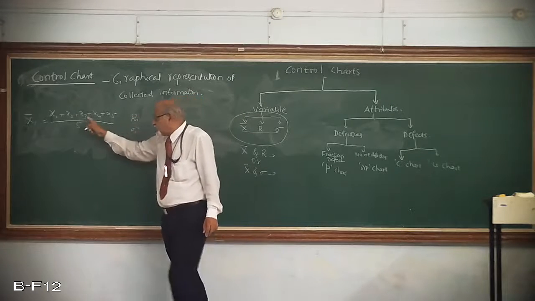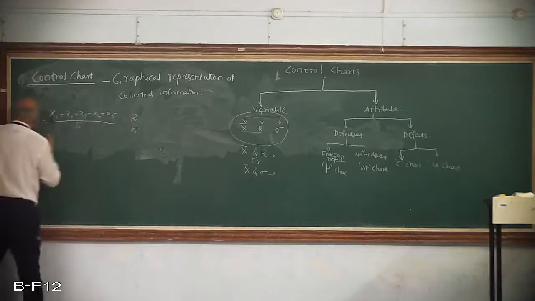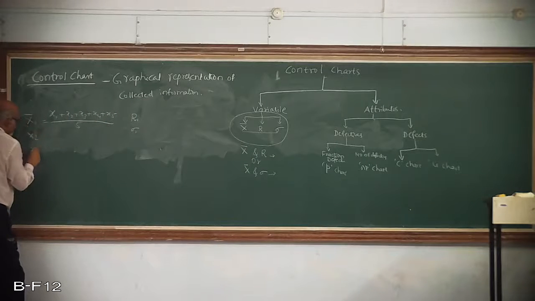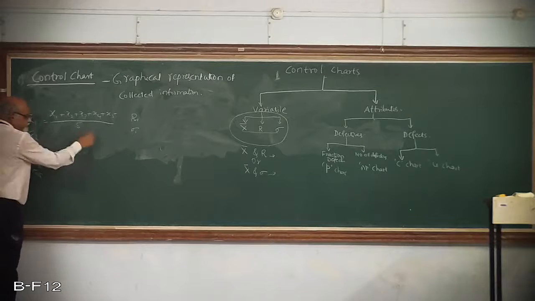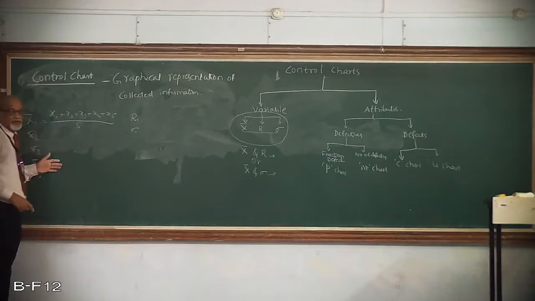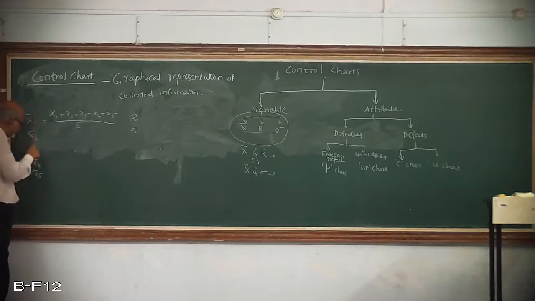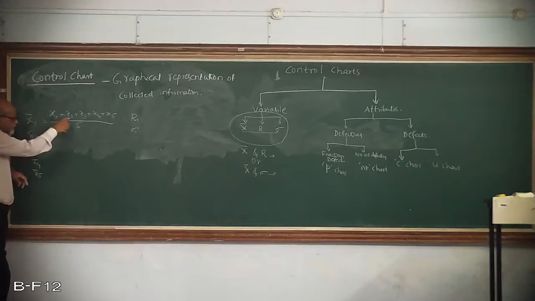Likewise, I have taken some 5 samples: x2, x3, x4, x5. The sample means I have found out. Now again there is a variation, because these are the sample means. These are individual samples, these are the sample means.